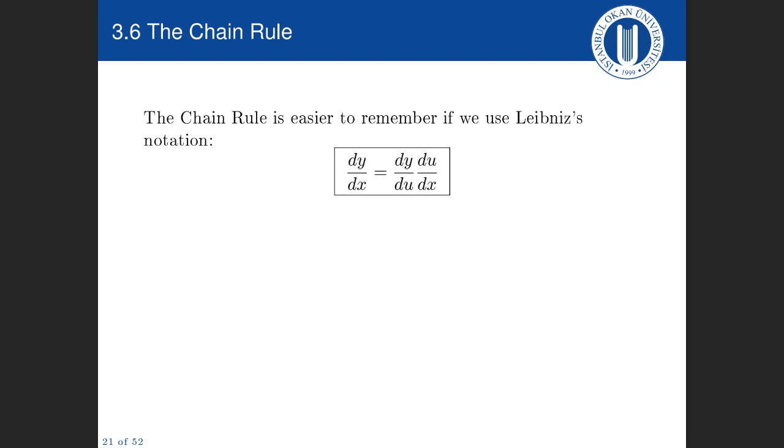And this makes sense to me because if we think of dy du as dy divided by du, it's not really dy divided by du, it's really the derivative of y with respect to u. But if we pretend that dy du is dy divided by du, and that du dx is du divided by dx, then we can imagine that we can cancel out the du's and then just be left with dy dx.